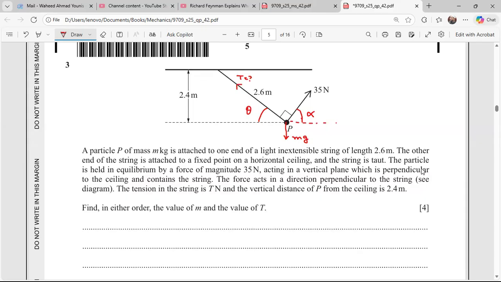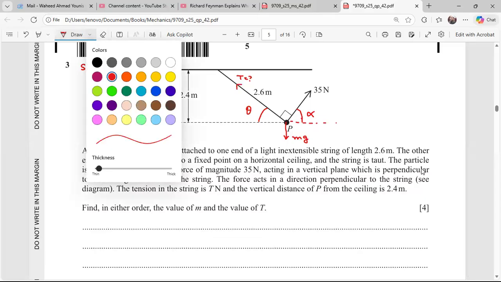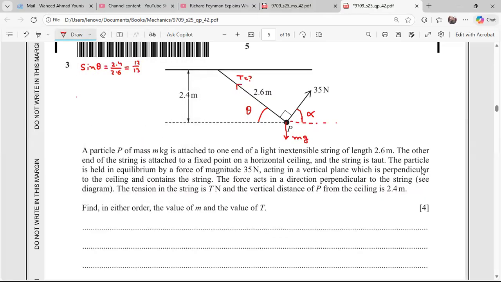For theta, you can see that sine of theta is easy. It is 2.4 over 2.6, and this will simplify to 12 over 13.